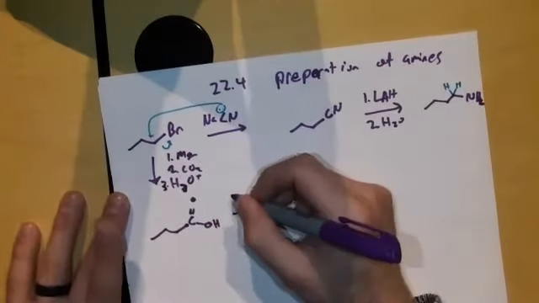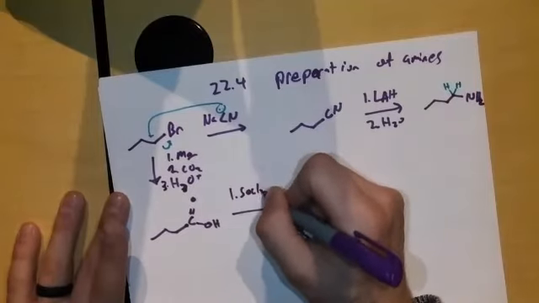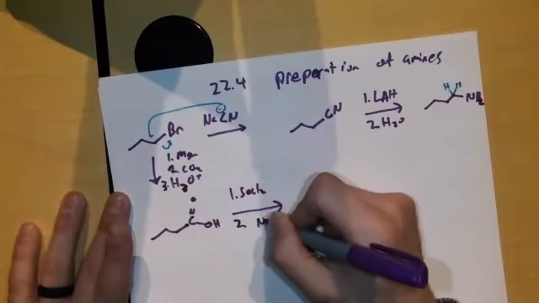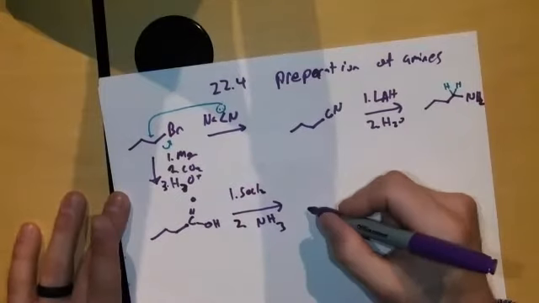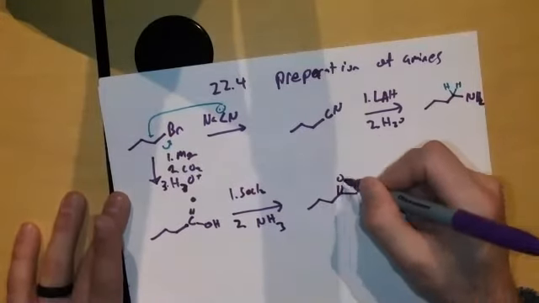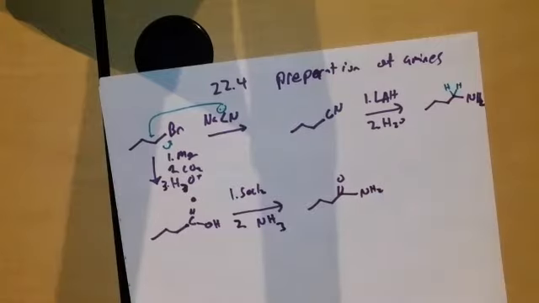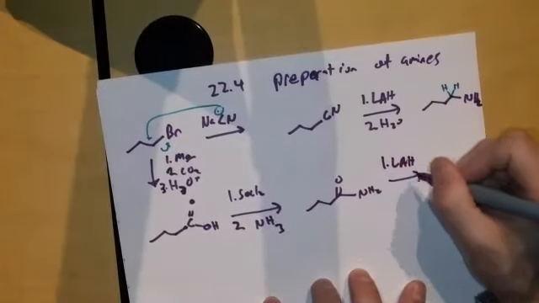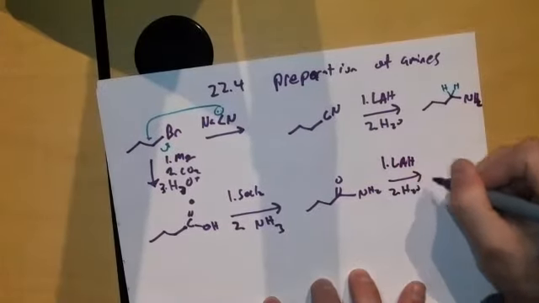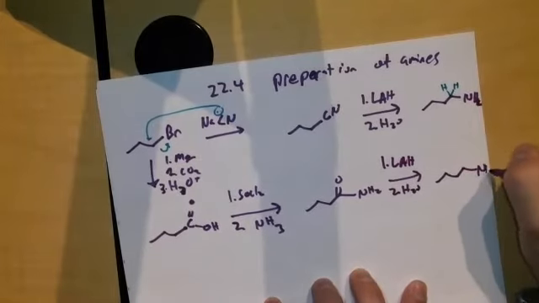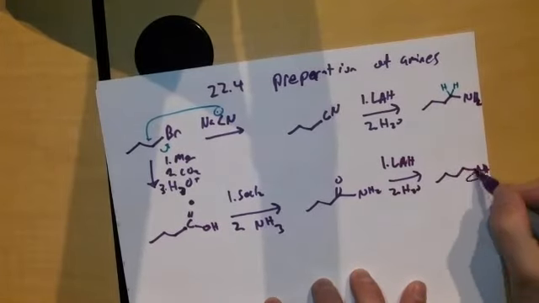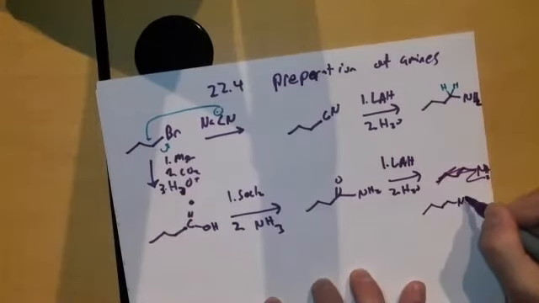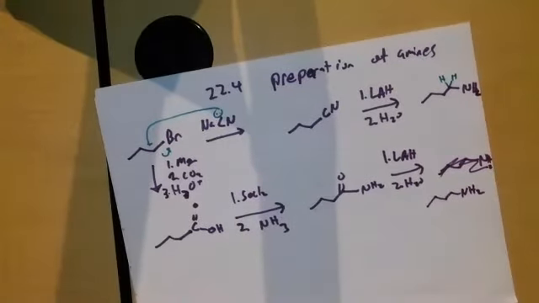We want to make an amide, SOCl2, followed by ammonia. And then from here, we're just doing what we were doing before. So LAH can reduce this. Oh God, running out of space there. And give us this butylamine here.